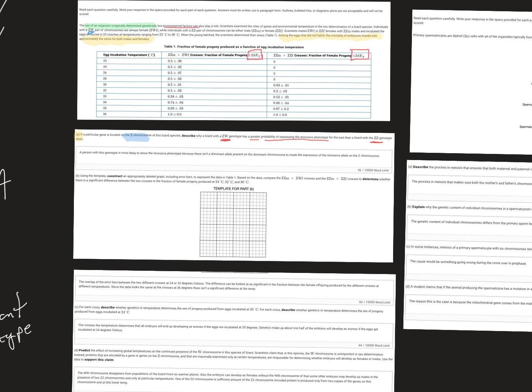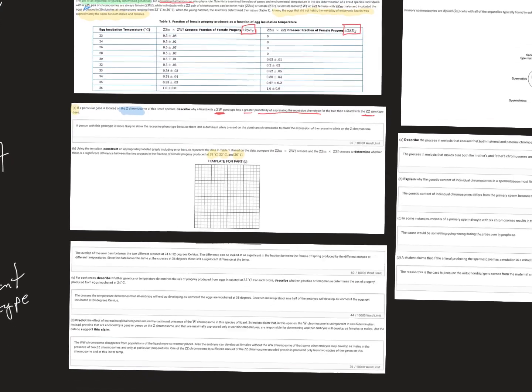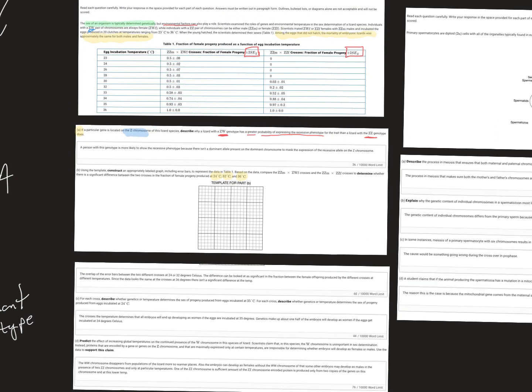So your objective is to identify the 24 degree difference, 32 degree and 36 degrees. And they want you to select an appropriately labeled graph, including error bars for table 1.